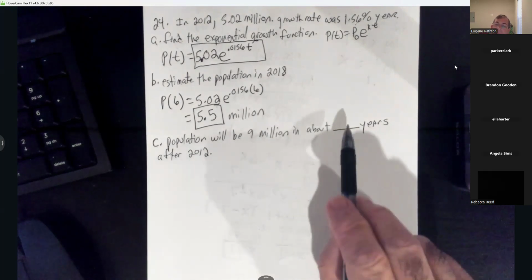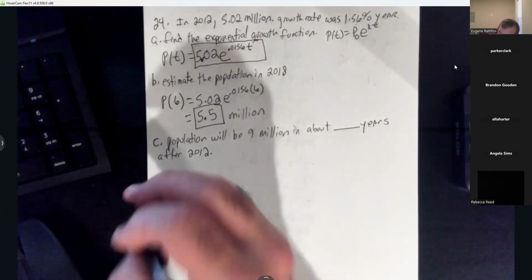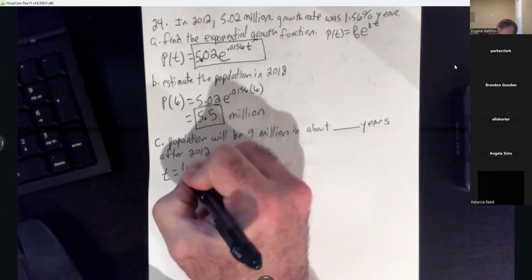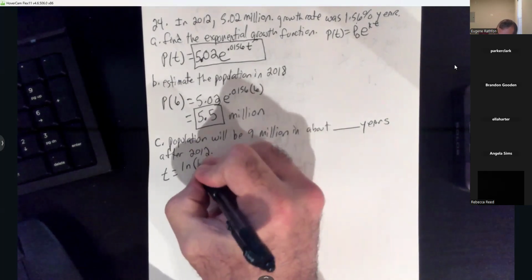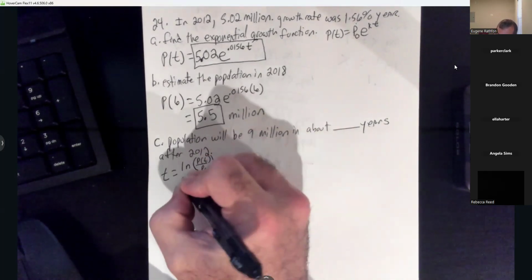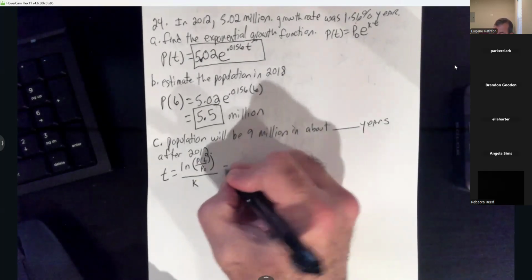So we don't know how many years it's going to take it to be 9 million. So this is where I gave you the formula: T equals the ln of your PT divided by P original, all over your K. All right, y'all.